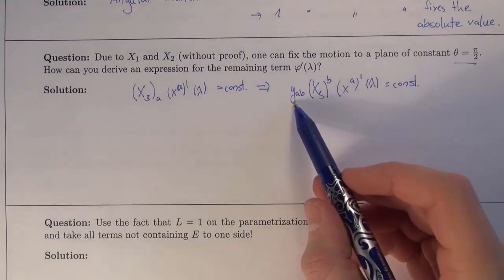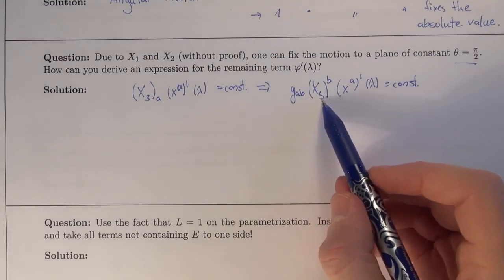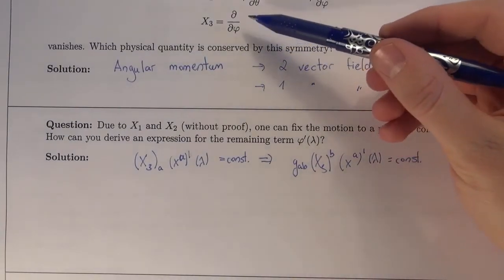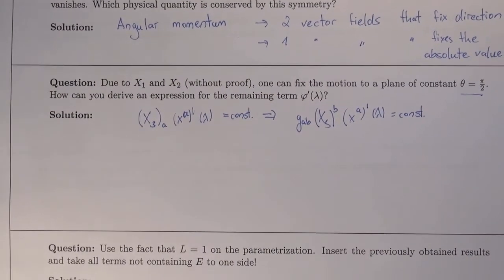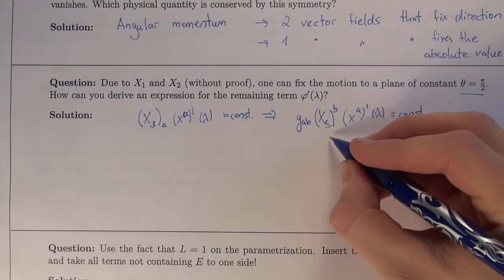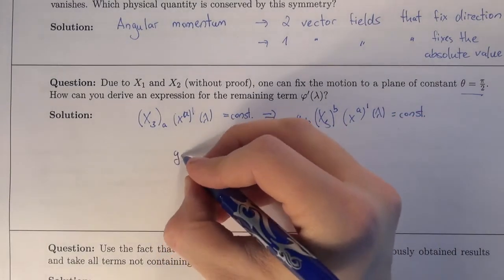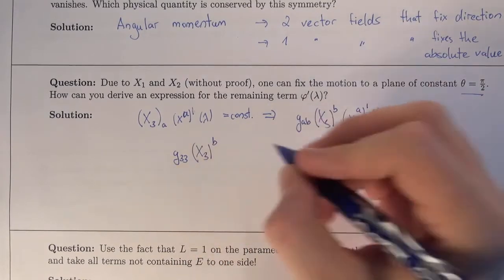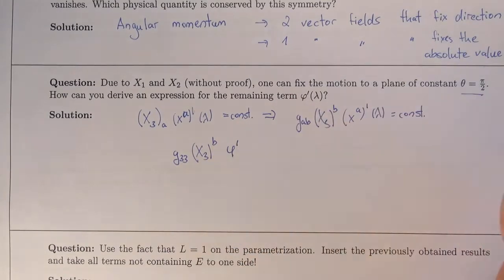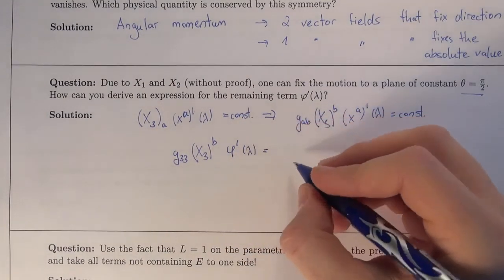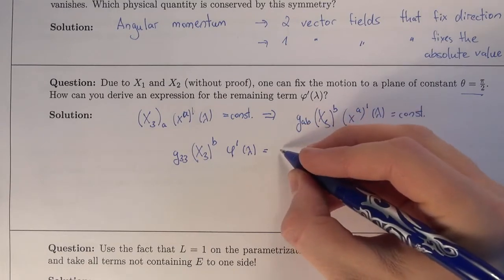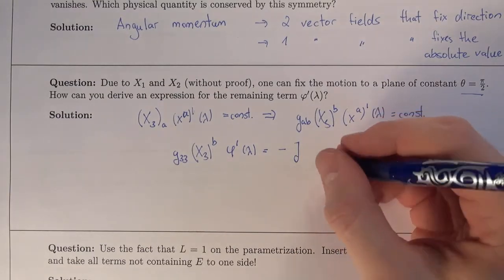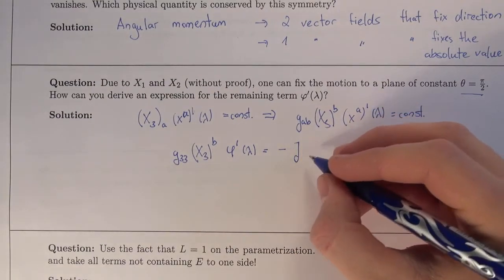So now we can take x3 only, which was exactly del by del phi and has only a non-vanishing b equals 3 component, which means we get that g33 x3b and phi prime of lambda is constant, and this constant we like to call minus J, which will turn out to be the angular momentum.